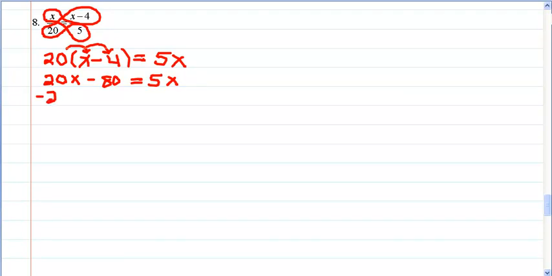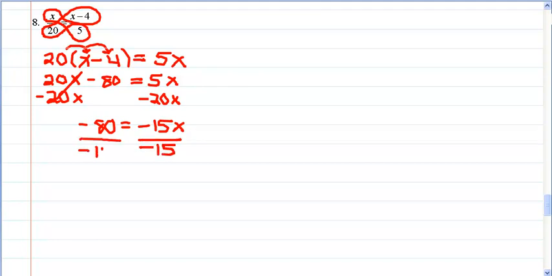And to solve for x, I'm going to move the 20x over to the right side. And I'm left with negative 80 equals negative 15x. And next I divide by negative 15 so that x is equal to negative 80 over negative 15. And since both of them are negative, the negatives cancel, so that I have 80 over 15.